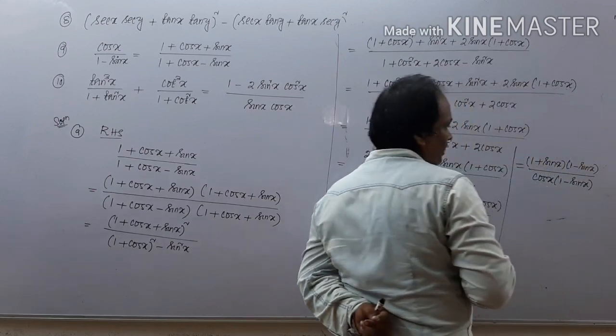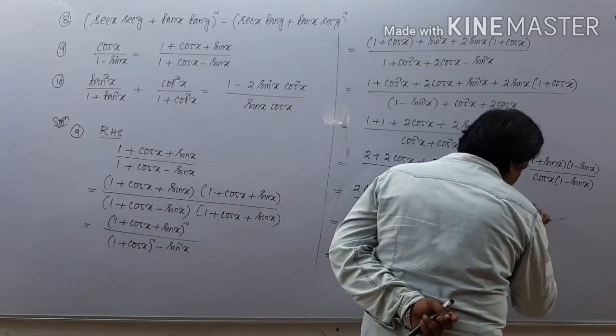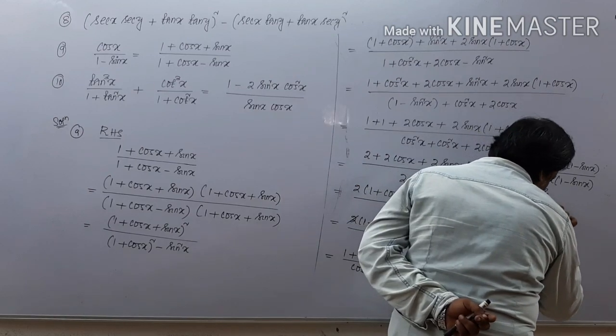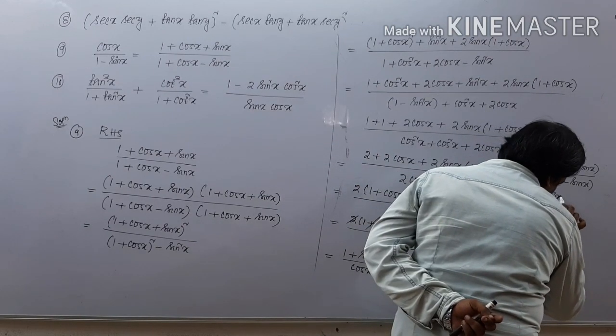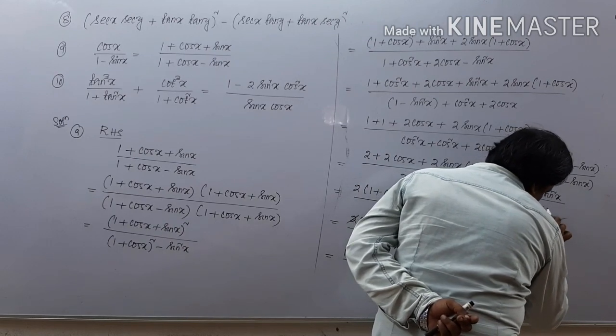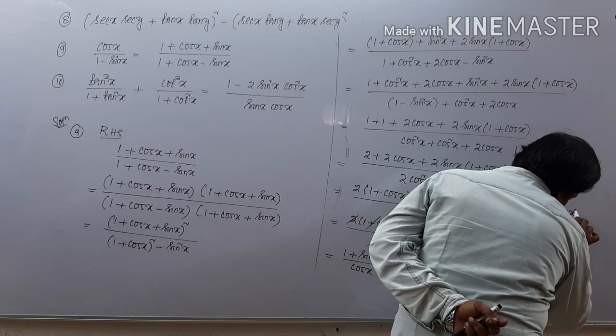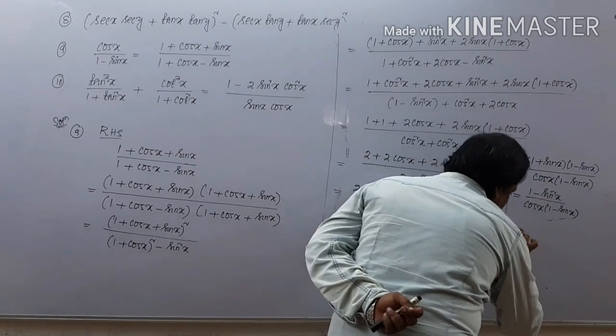See that in the numerator we have (a plus b) into (a minus b), so clearly a square minus b square, that is 1 minus sin square x by cos x into 1 minus sin x. So 1 minus sin square x is equal to how much?